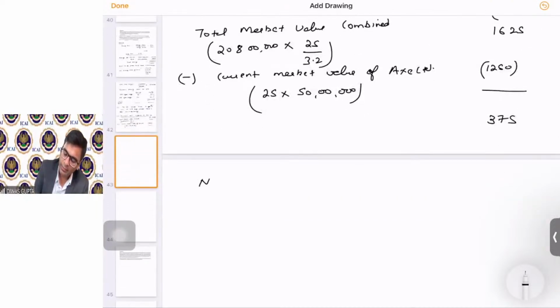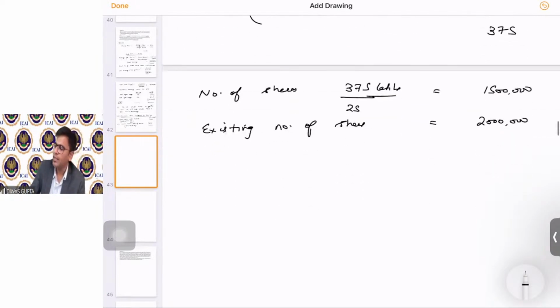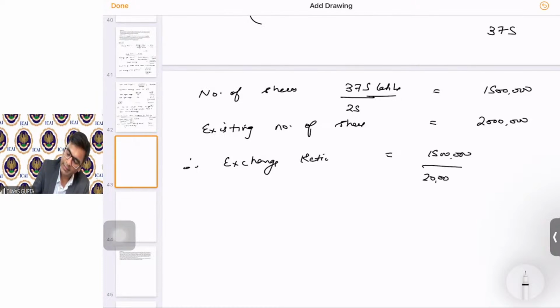Now, if you have to calculate the number of shares, 375 divided by 25, the current price, right? And this 375 lakhs comes out to be 15 lakhs shares. The existing number of shares of PB Limited is how much? 20 lakhs, students, right? Thus, the exchange ratio is 15 lakhs divided by 20 lakhs, which is 0.75 to 1.